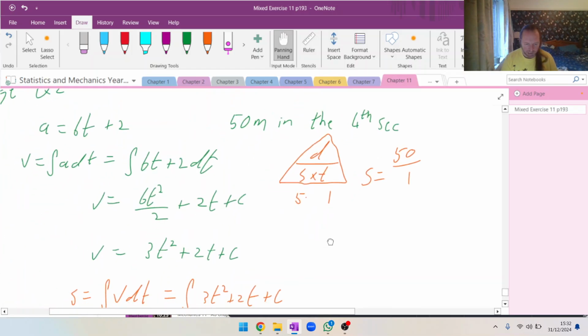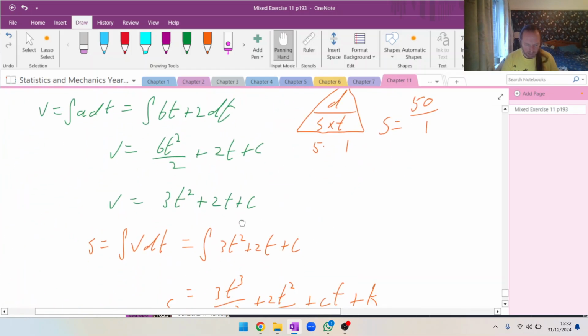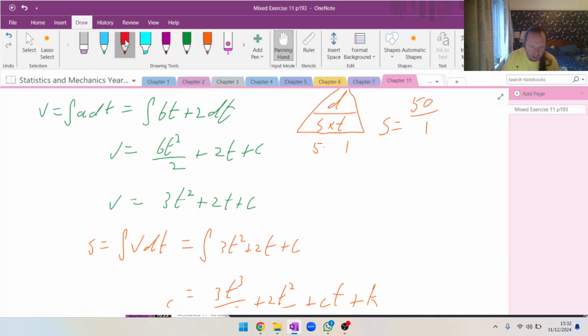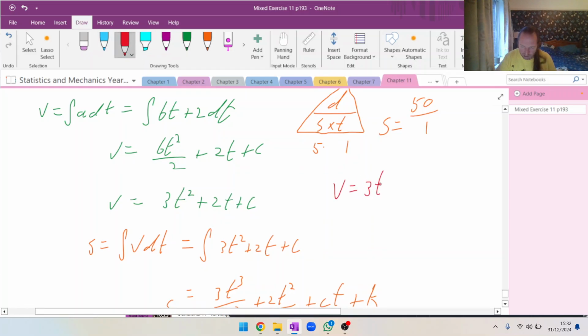With that in mind, I can now come up here, take the equation for velocity, and rewrite it as 3t squared plus 2t plus 6.